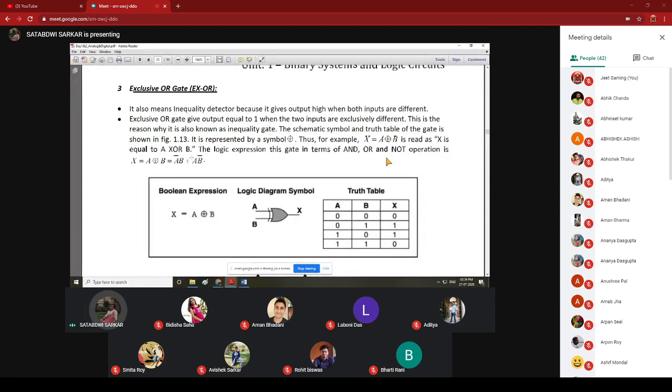For this reason, this is known as the inequality gate. Remember the schematic symbol and the truth table. Here it is shown. So this is the XOR operation and the symbol is like this. There is a circle and inside it there is a plus symbol. So exclusively OR.